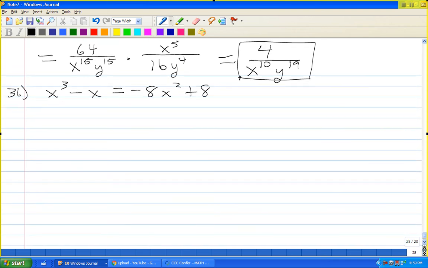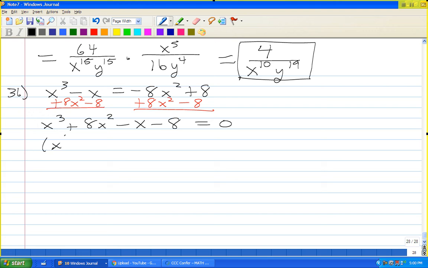First, let's bring everything to one side of the equation. So let's set the right-hand side of the equation to 0. Add 8x squared, subtract 8 from both sides of my equation. So I get x cubed plus 8x squared minus 8x minus 8 is 0.